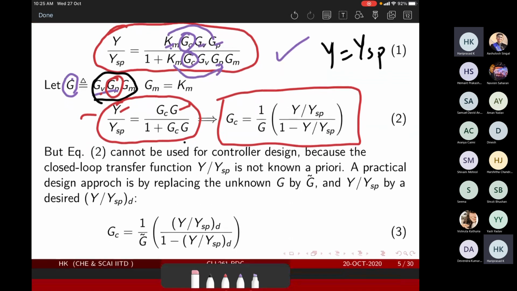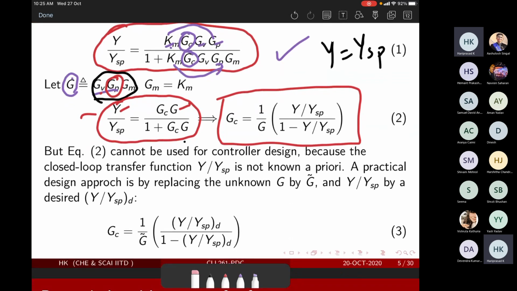So now comes the problem. You cannot use this equation 2 for controller design. Why? Because you don't know what y by ysp is a priori. Why is that? Because it is the closed loop transfer function. The y by ysp also includes the GC term.